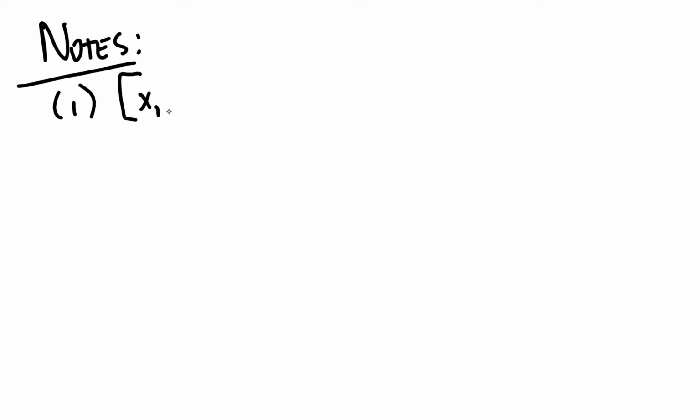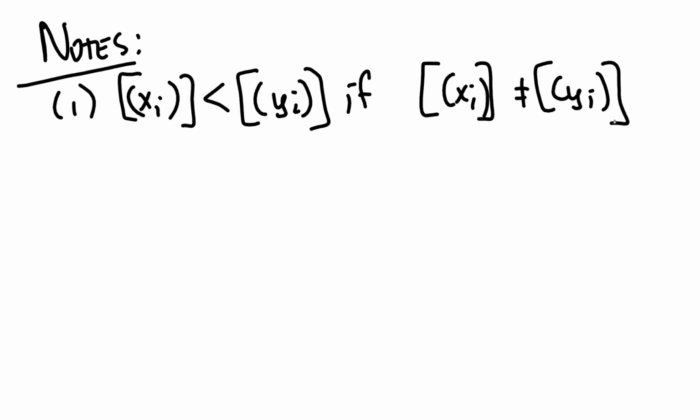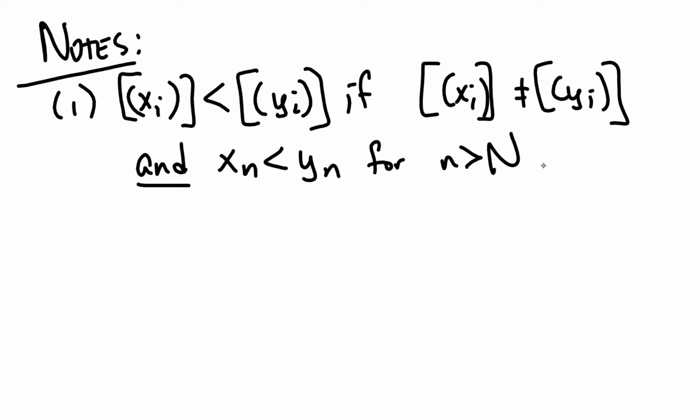One is that the equivalence class of x sub i is less than the equivalence class of y sub i if the equivalence class of x sub i is not equal to the equivalence class of y sub i, and x sub n is less than y sub n for n greater than some number, where n is some whole number.